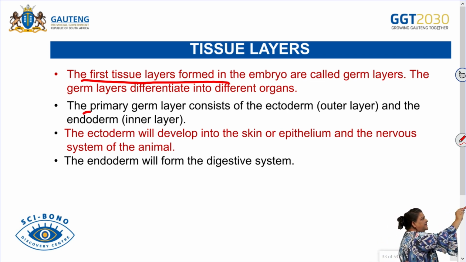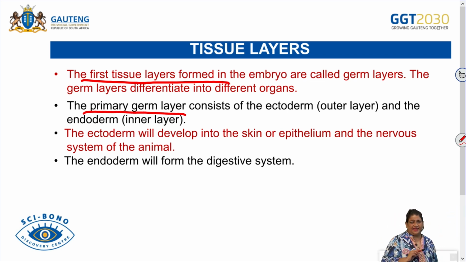So the first layer, or the germinal layer, the germ layer, please do not think of germ as a bacteria. The word germ comes from the word germinal epithelium. So the primary germinal epithelium gives rise to the first layer of tissues, the first layer of cells, which forms a tissue. Many cells form a tissue.